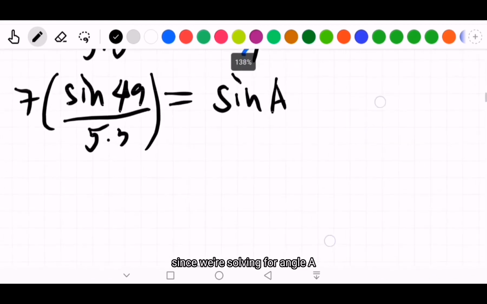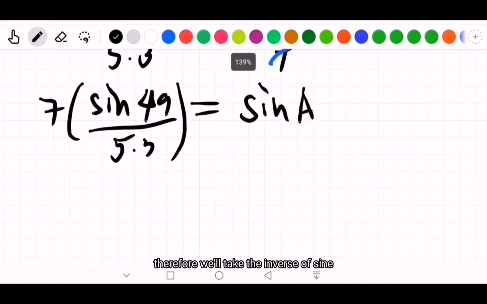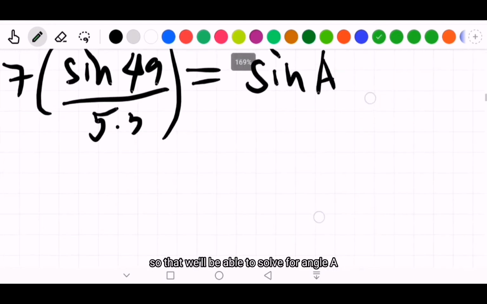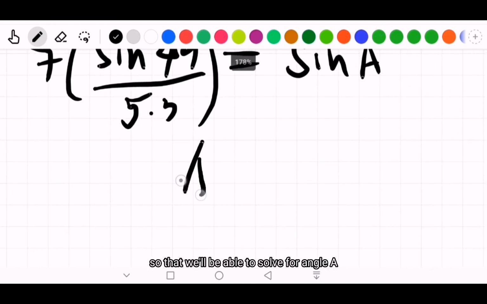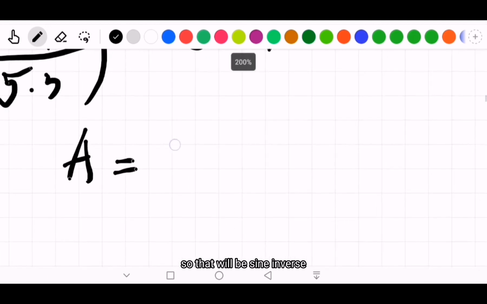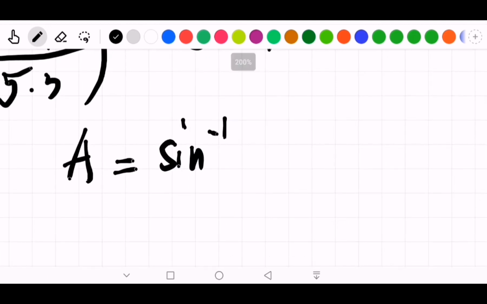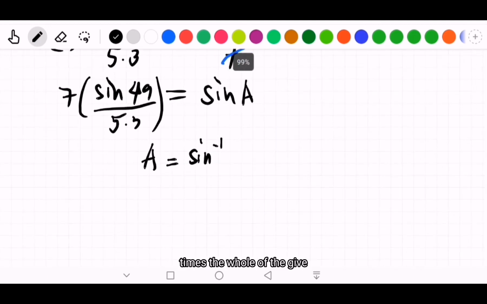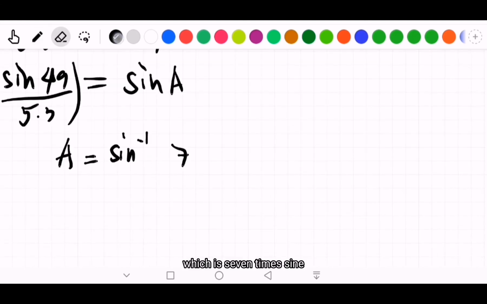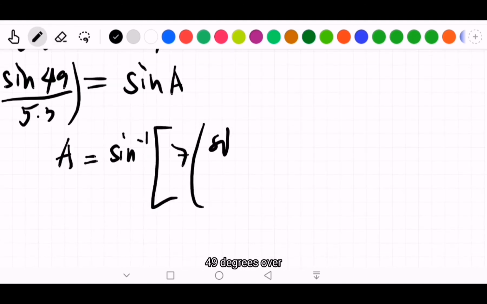Since we're solving for angle A, we'll take the inverse of sine so that we'll be able to solve for angle A. So that will be sine inverse of the whole of 7 times sine 49 degrees over 5.3.